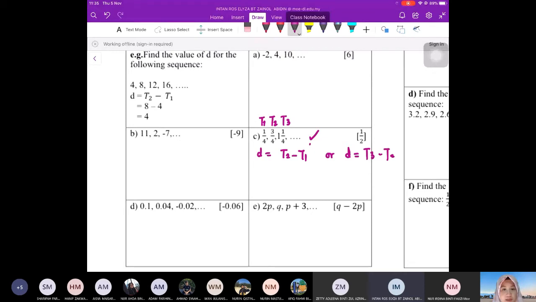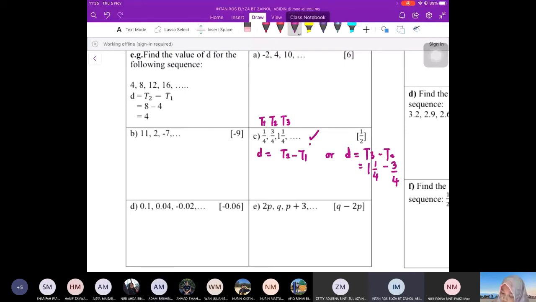If you take T3, which is 1 and 1 over 4, minus 3 over 4, it's hard to calculate, right? Compared to if you choose T1, 3 over 4 minus 4 over 4. Which one do you think is simpler or easier? You can even do it in your head.